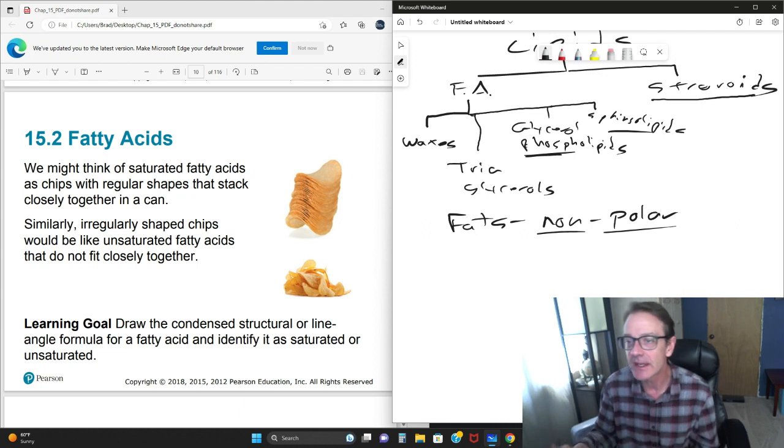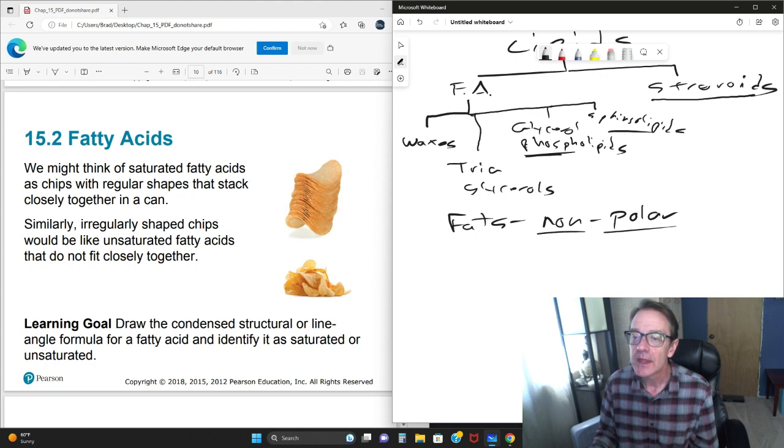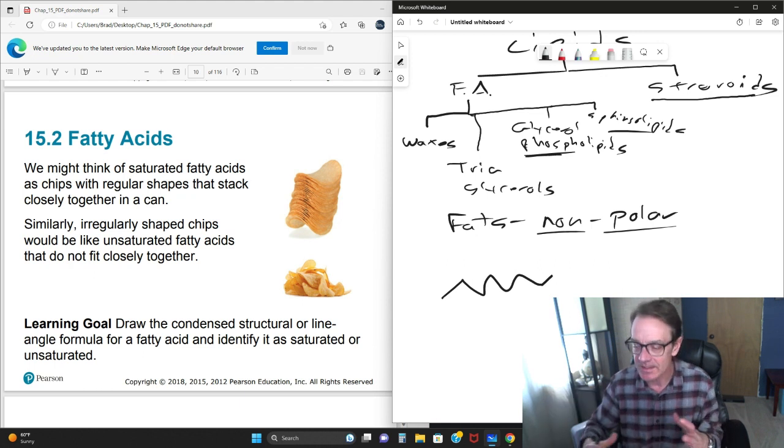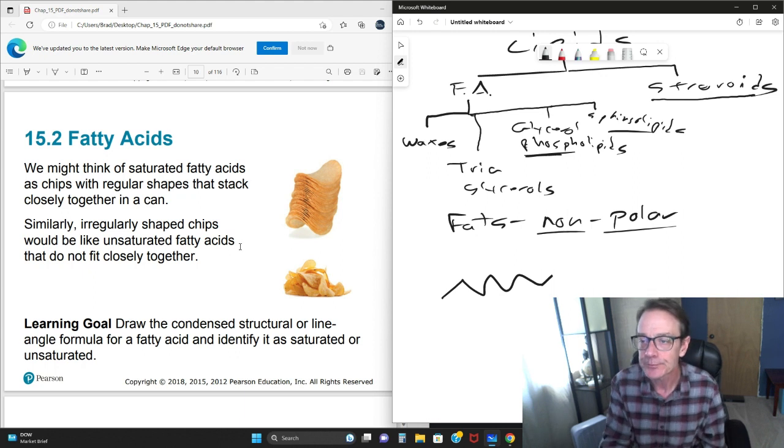You can get a lot of Pringles in a can because they fit together very, very nicely one on top. But there are another form of fatty acids, the unsaturated, monounsaturated, and polyunsaturated, that do not fit together because those tails on the end have kinks, and so they don't fit together. And if they don't fit together, they are less prone to clogging things up and forming this real hard mass.